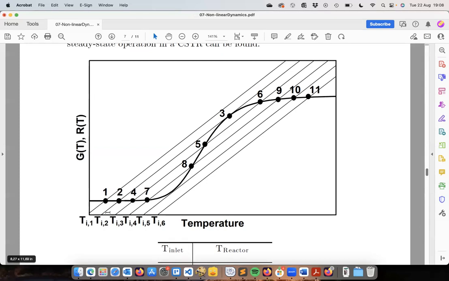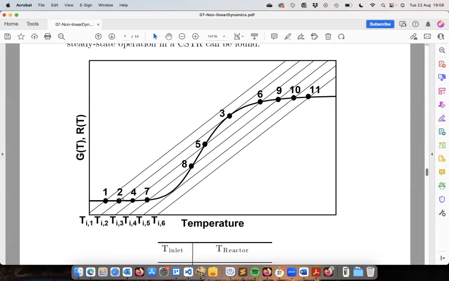So just to the left of TI2, all those inlet temperatures force us down to only this temperature. And so between TI2 and TI5, we have 3 steady states. For greater than TI5, we have only 1 steady state. And for less than TI2, we only have 1 steady state.